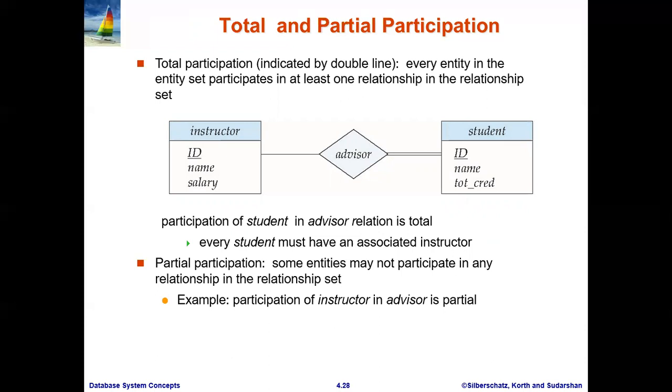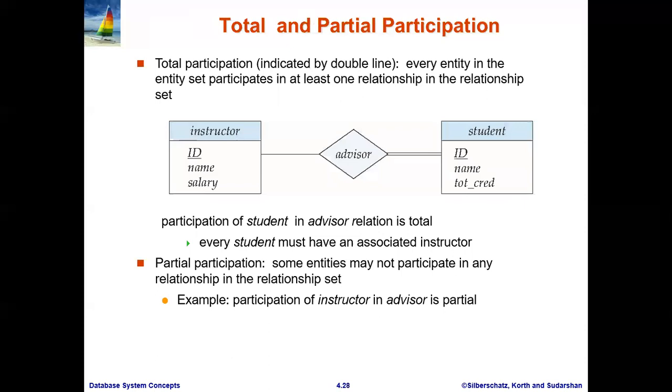So we show this as total participation from student, which is a double line from advisor to student, as a student must have an associated instructor. It means the student's participation is a must. So it is shown by a double line.